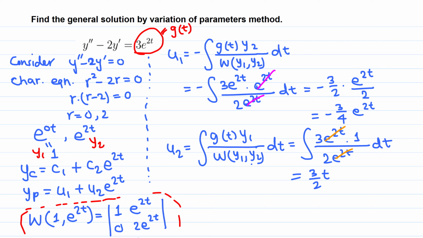Now we write down the solution. Let's find yp. Then yp as a function of t is u1, which is here negative 3/4 e raised to 2t, plus u2, that is 3/2 t, u2 times e2t.